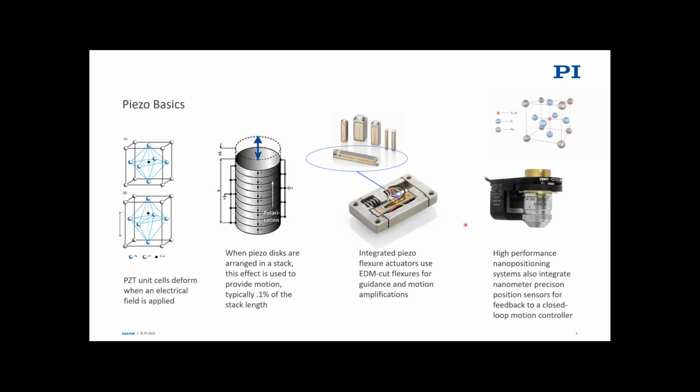We can further improve the application space by building them into more advanced devices with integrated sensors and closed loop feedback controls. One thing we always have to keep in mind is that as we increase the travel, increase the length, and use lever amplification, we're typically reducing the resonance and stiffness. So each application needs to be evaluated to find the optimal solution.